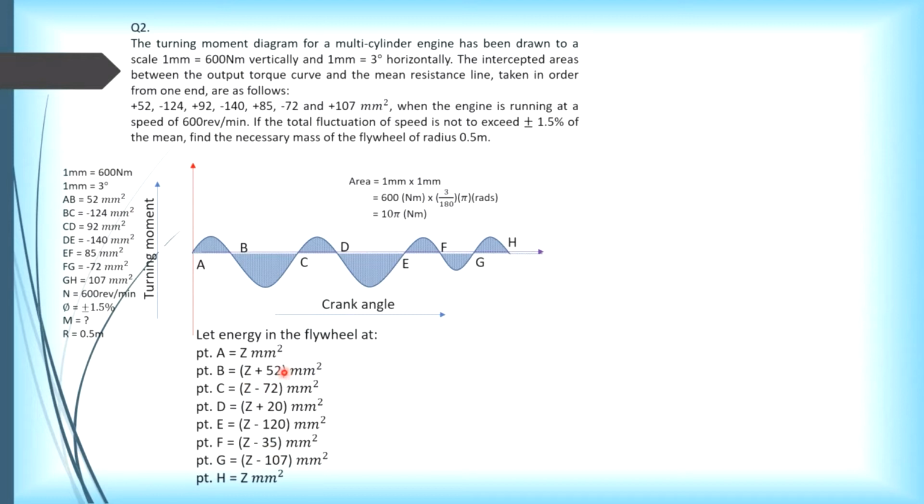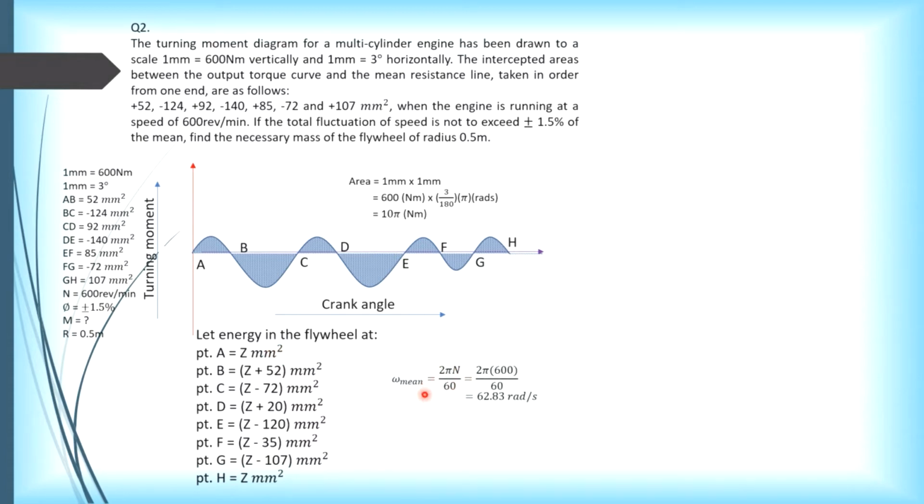So you just take the net plus or minus of these values, from A to H. In both examples, you can see the initial and the final are the same. So it doesn't matter whatever unknown you assume at point A, the final one will always go back to what you had initially.